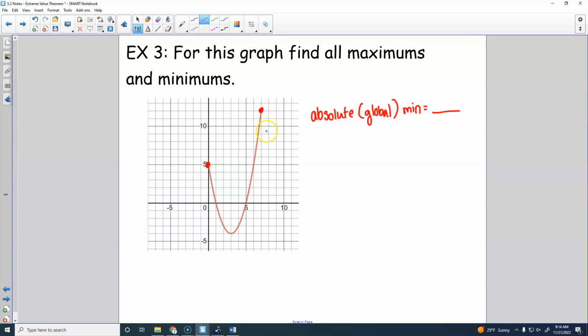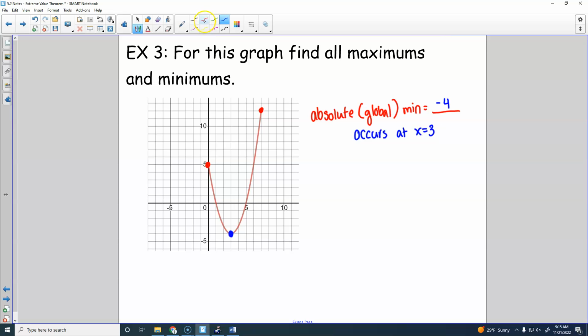That global minimum, the very lowest point on the graph, happens right here. What is that minimum? It is -4. And we could say this occurs at x equals 3. And sometimes that number will be important. They'll ask us for that x coordinate also. But if it just asks for minimum, you're given the y value.